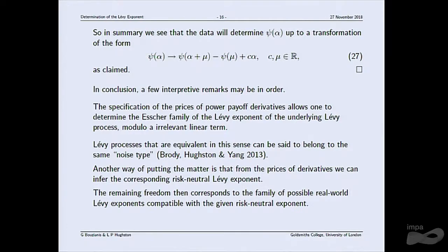It can be discontinuous, like a compound Poisson process, or it can be continuous, like Brownian motion. But from the values of derivatives, you can actually back out what the Levy exponent is, which means that you can say what the nature is of the jumps that are driving the model.